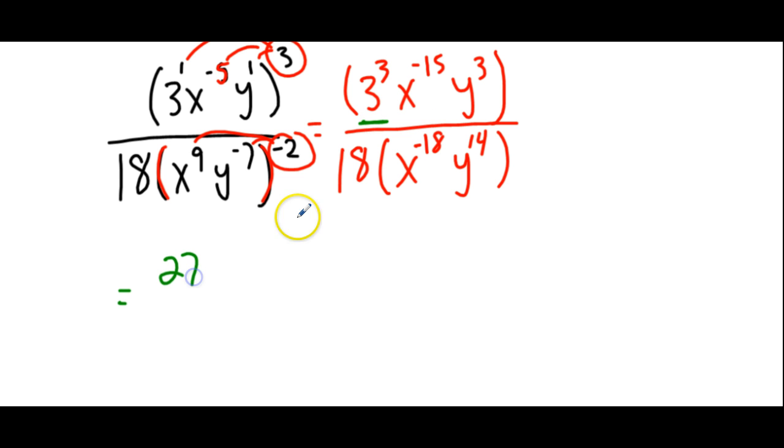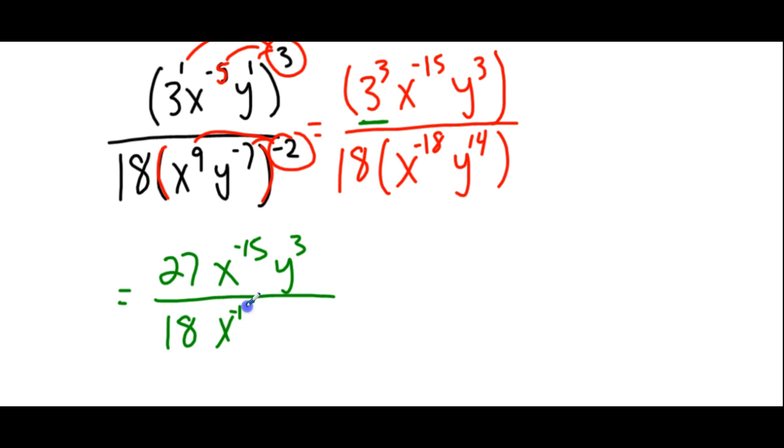Alright? So let's simplify this a little bit more. Let me clear my space. If we simplify this, 20 divided by 24, that's going to be negative 5 over 6, right? 4 goes into 20 5 times, 4 goes into 24 6 times.